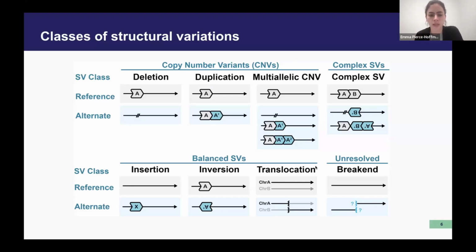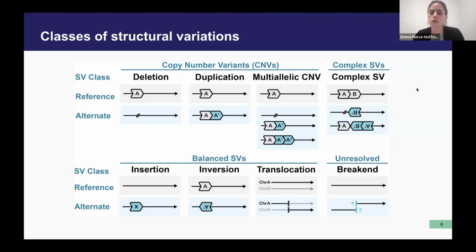Along the bottom row, we see balanced SVs, and these are rearrangements that do not affect the copy number. Those include insertions of novel sequence relative to the reference, inversions in which a segment of DNA has its orientation flipped, and translocations which are rearrangements involving whole parts of chromosomes.